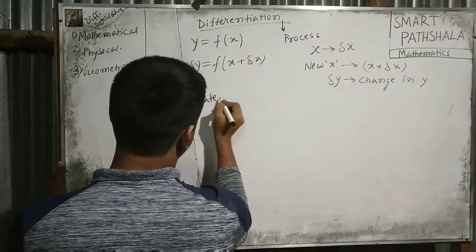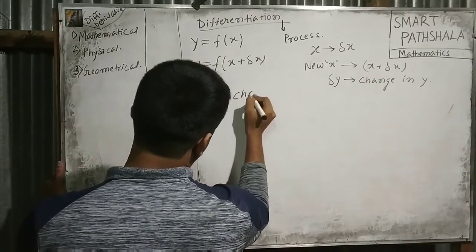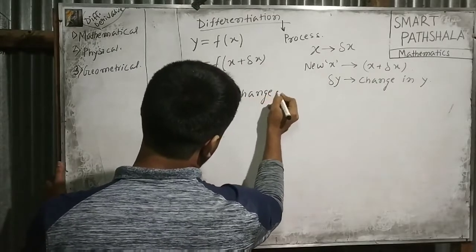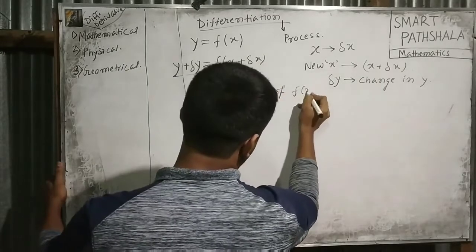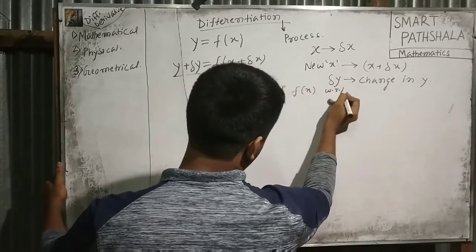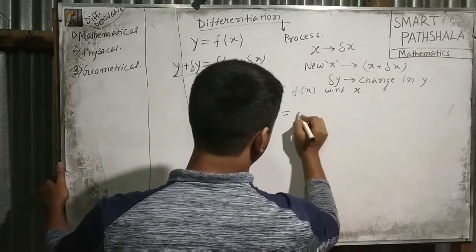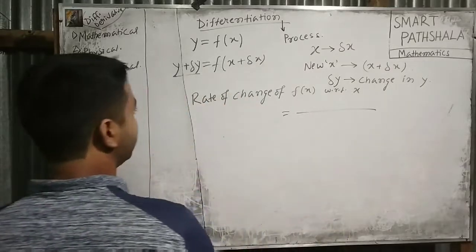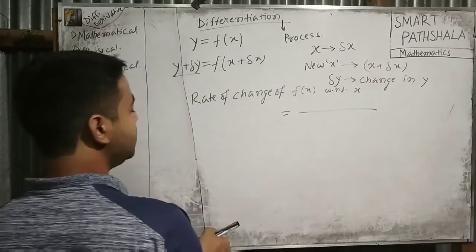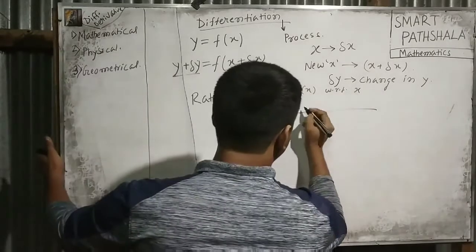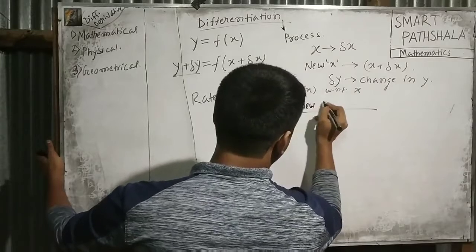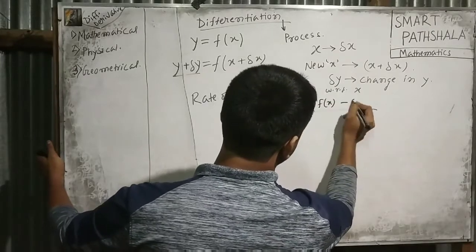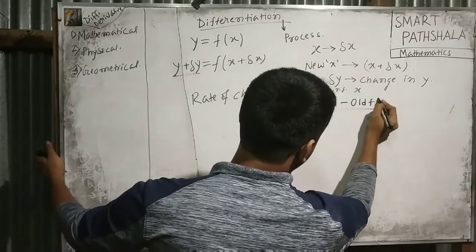So rate of change of f of x with respect to x is equal to rate of change of f of x. So we'll write here the new f of x minus old f of x.